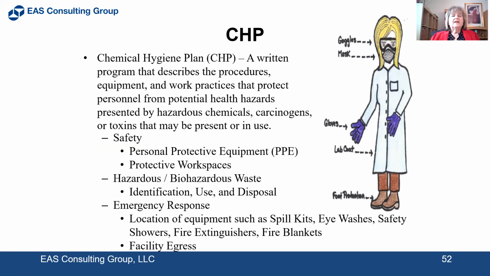You're going to have SOPs dealing with hazardous and biohazardous waste, how to identify them, use them, and dispose of them. You're going to have an emergency response SOP that goes over location of equipment such as spill kits, eye washes, safety showers, fire extinguishers, fire blankets, and you're going to know how to get out of the building.